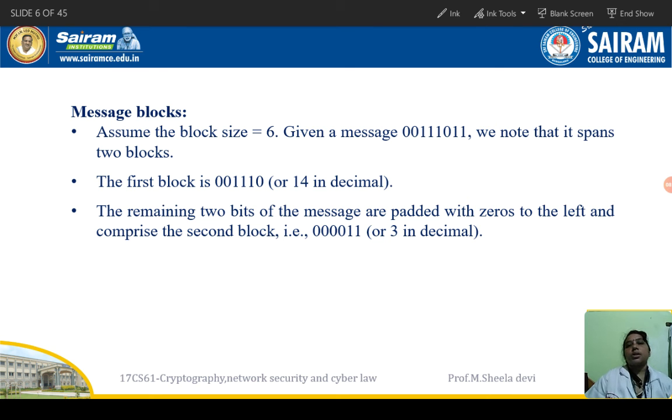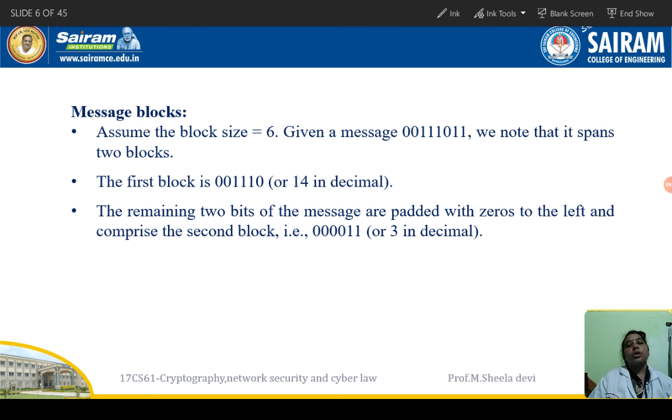Next, assume the block size is equal to 6. So in your block you can have 6 characters, that is 6 numbers. This is the message you have. Now it has 8 numbers, so we have to convert it into 8 bits, and into 2 blocks. Since the block size is 6, we cannot have more than 6 bits. So I'm going to divide it into 2 blocks.